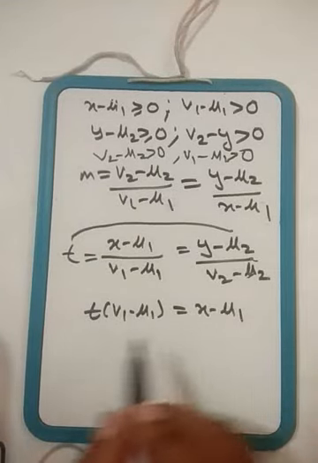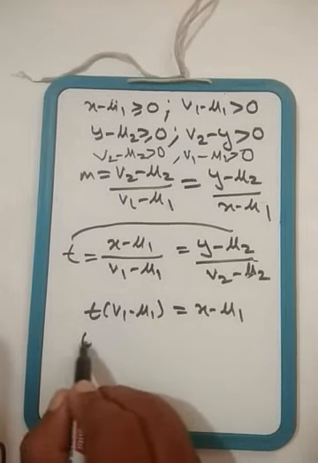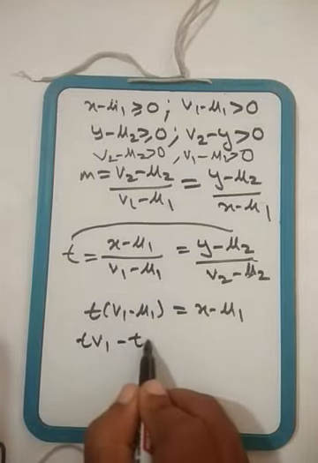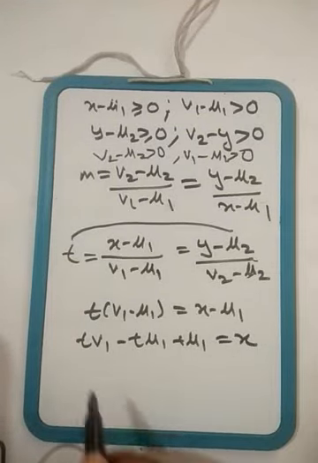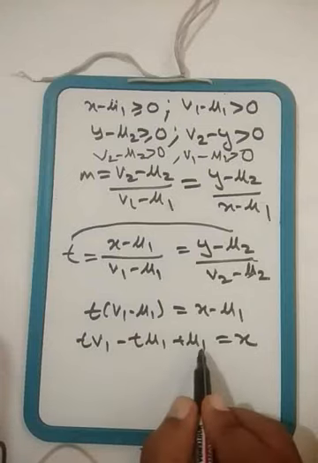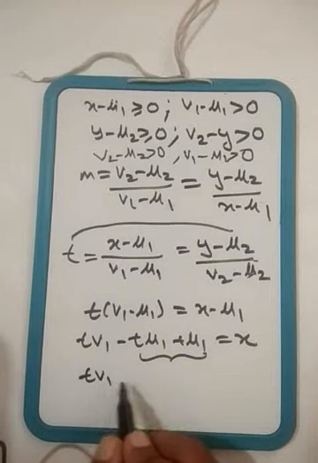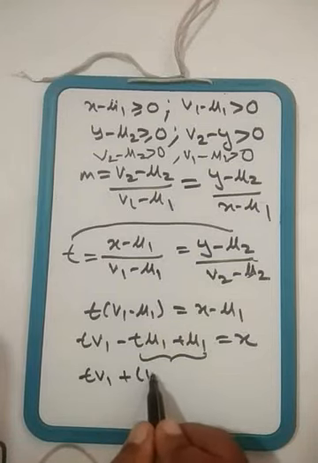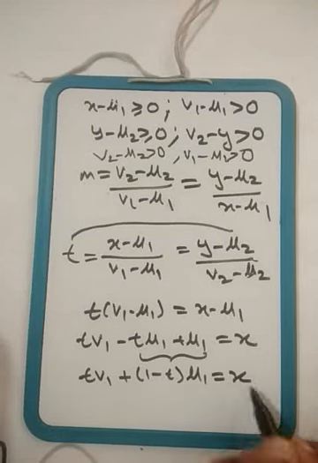Okay, so what do we get? Shifting on the right hand side, t v1 minus t u1 plus u1 is equal to x, which is what? In this, taking u1 common, t v1 plus 1 minus t times u1 is equal to x.